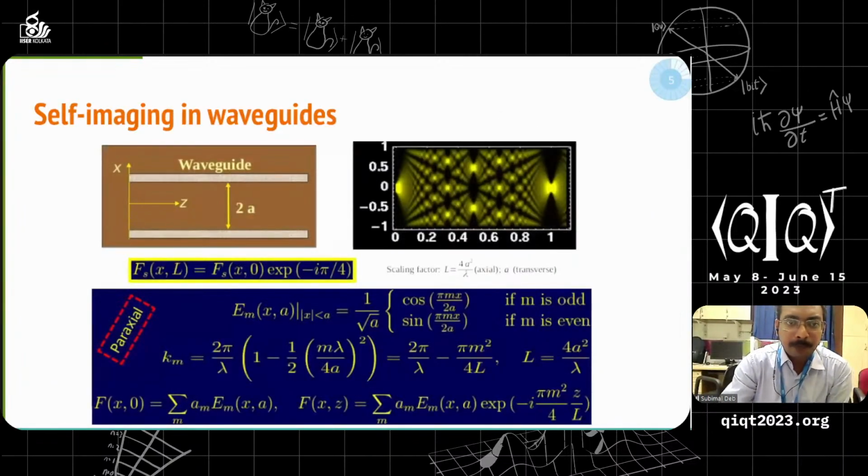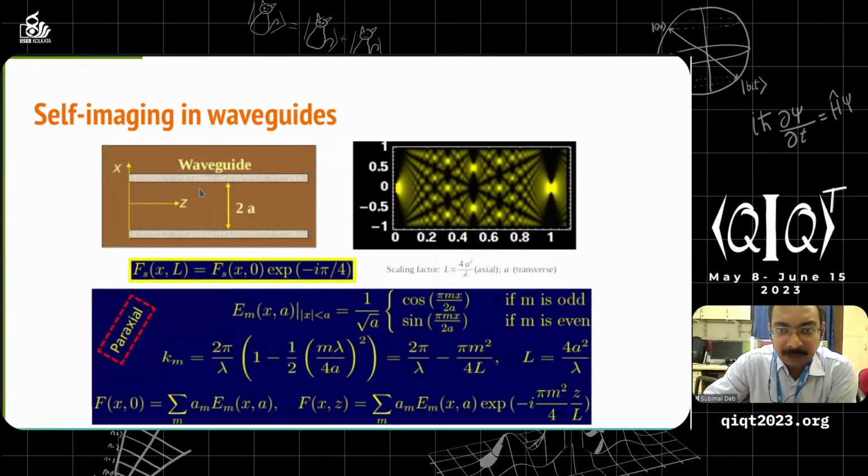Now, what happens in a waveguide? In a waveguide, you have the confining walls. To put things in perspective, we have a waveguide with a gap of 2a between the walls. The wave propagates along the z-axis, or the axis of the waveguide.